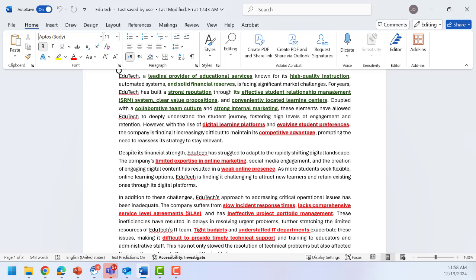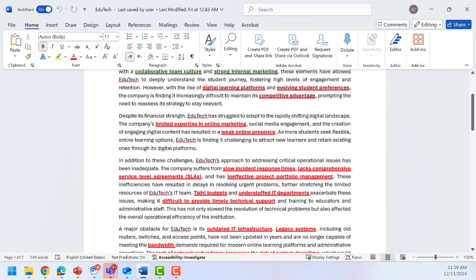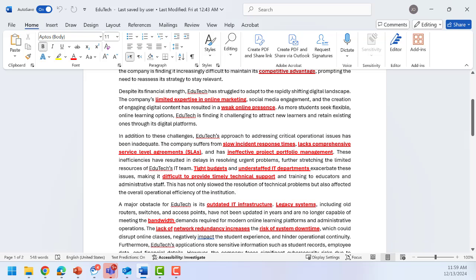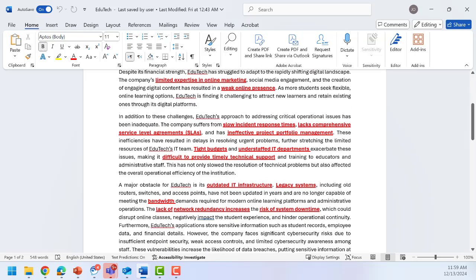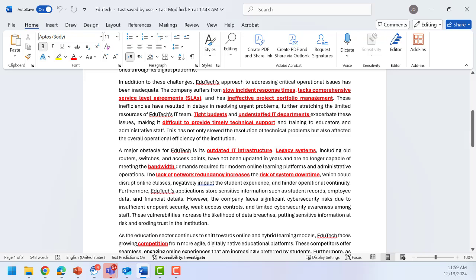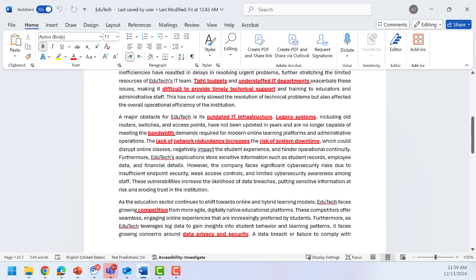Digital learning platforms and evolving student preferences are, for example, not weaknesses, they're actually opportunities, and they're also not threats. Those are very straightforward: effective portfolio, tight budgets, difficult to provide timely technical support. Just read through and identify those. Legacy systems, weaknesses, bandwidth, lack of network redundancy, definitely.